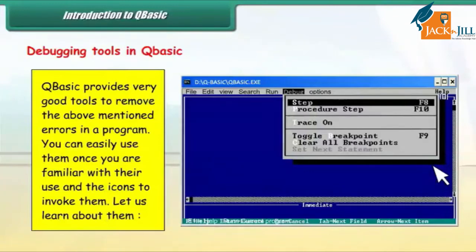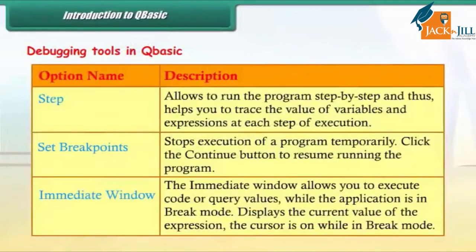Let us learn about them. Step allows you to run the program step by step and thus helps you to trace the value of variables and expressions at each step of execution.